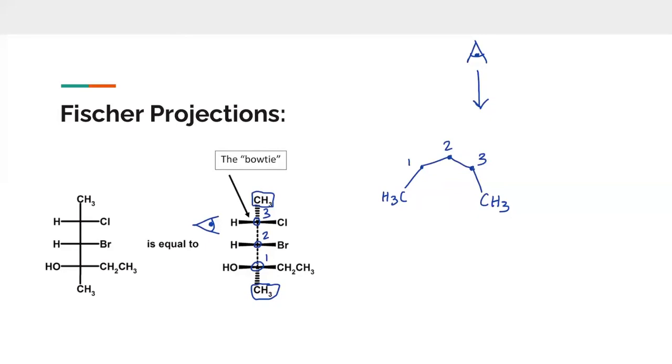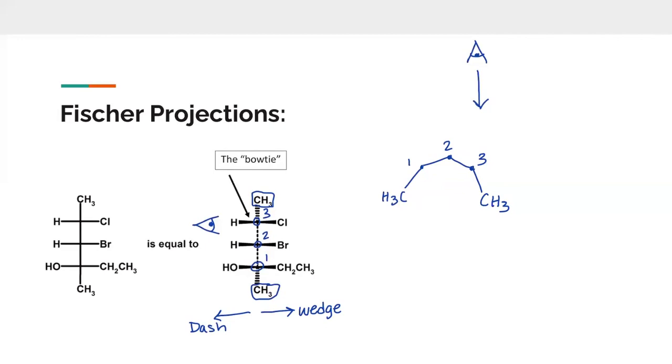We're going to define, and it doesn't matter how you define this, this direction as going to be a wedge in our bond line structure, our regular structure, not the Fischer projection, and this direction as going to be a dash.